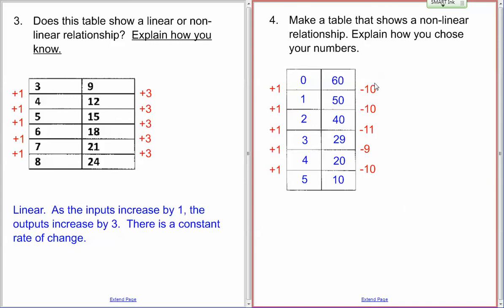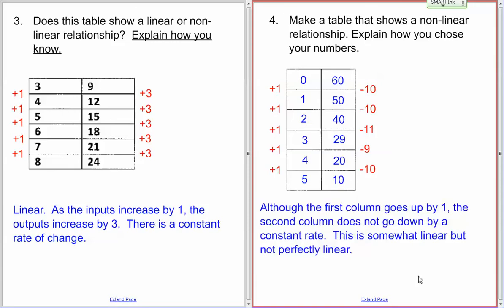Very, very close. I made it basically go down by about 10 every single time, but this one value is just a little bit off here. This 29 should be a 30 if it were to be perfectly linear. So, explaining, although the first column goes up by 1, the second column does not go down by a constant rate. This is somewhat linear, but not perfectly linear.